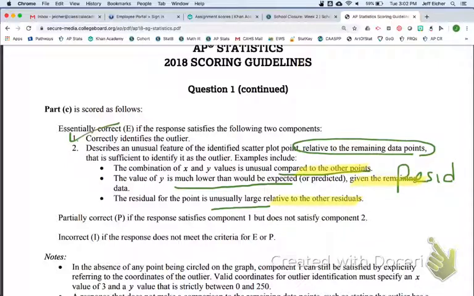So it's really important for students to compare the point that they're arguing is an outlier to all the other points. And you can see here that if a response only has component 1, they circled it right, but they don't satisfy component 2. They weren't able to explain it correctly. So I wanted to show you some of the notes down here.